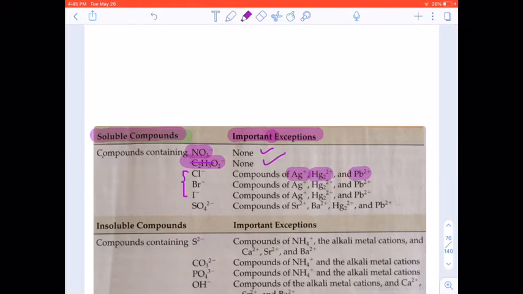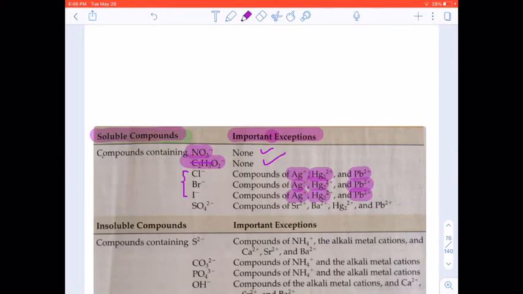The same thing goes with bromide. And iodides: silver, mercury, and lead. These are the halides that are insoluble. That means they don't dissolve in water.